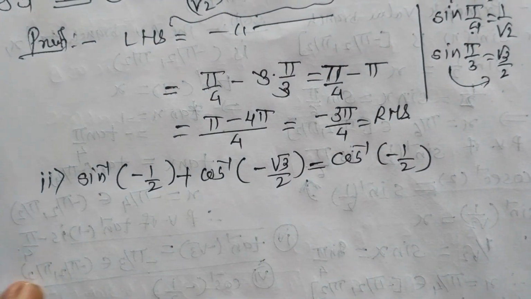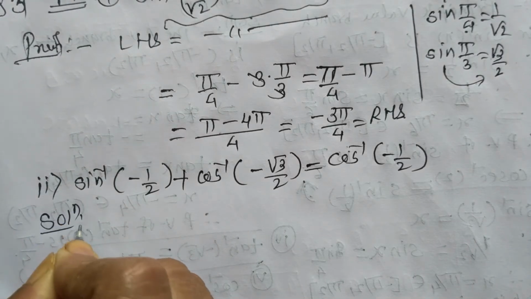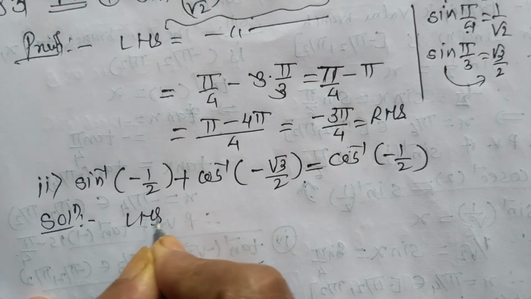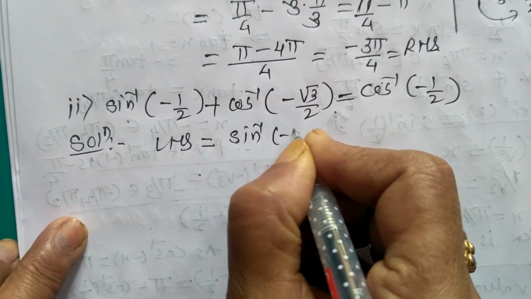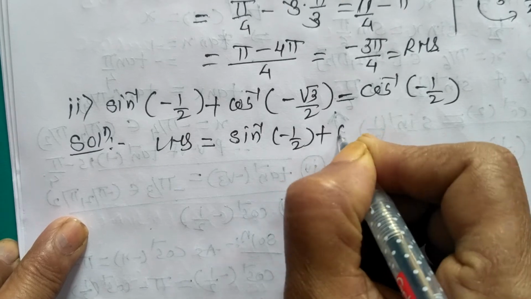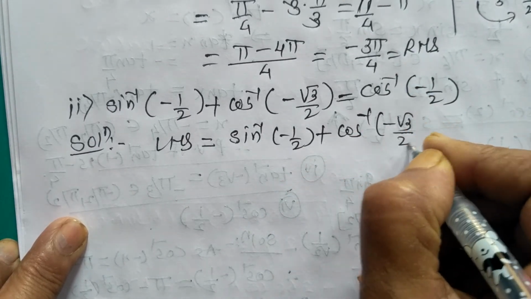So one by one we take the values. For the proof, we consider the LHS. LHS is equal to sine inverse minus half plus cos inverse minus root 3 by 2.